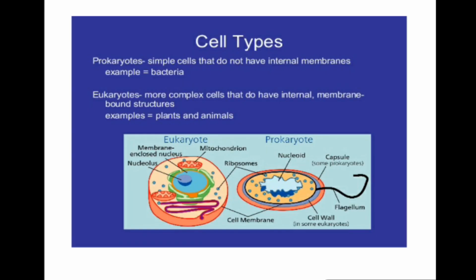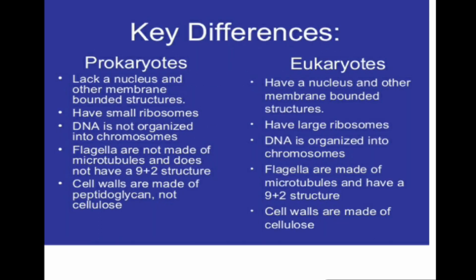There are two types of cell based on whether the genetic material is covered by a nuclear membrane or not. These two types of cells are called the prokaryotic cell and the eukaryotic cell. A prokaryotic cell lacks a nucleus and other membrane-bound structures, whereas a eukaryotic cell has a nucleus and membrane-bound structures. Prokaryotic cells have small ribosomes, whereas eukaryotic cells have large ribosomes.